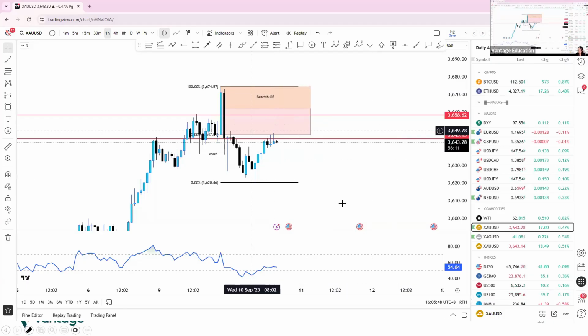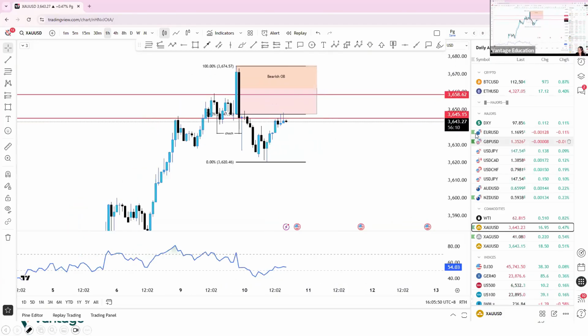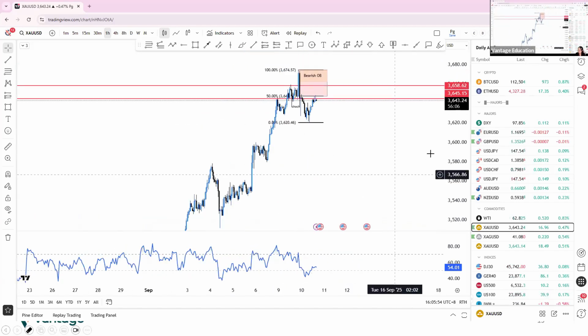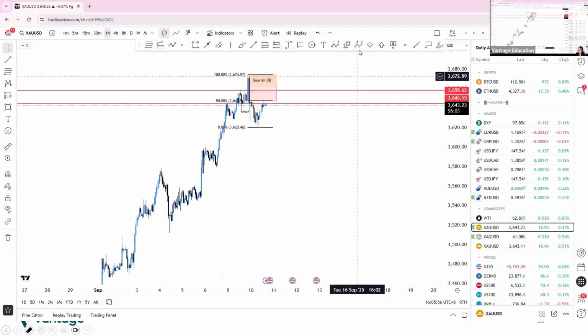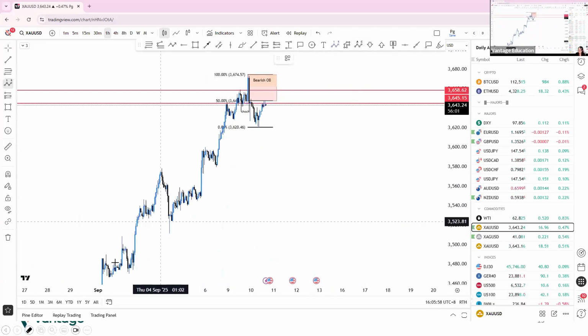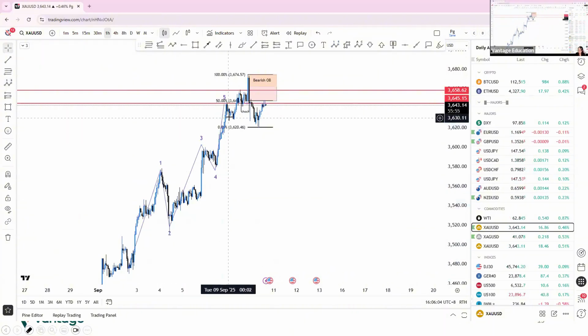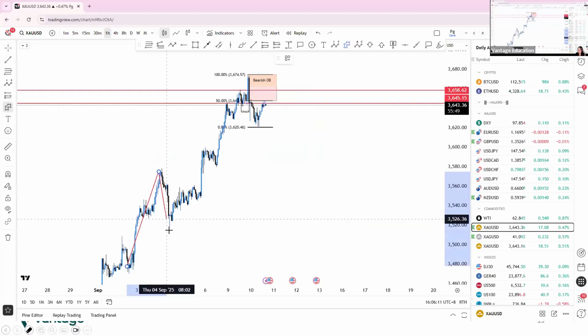That's it, right? So today I'm gonna look for the sell entry because of market structure, even in H1. You look here, you're gonna see something like maybe from here, higher high, higher low, correct.